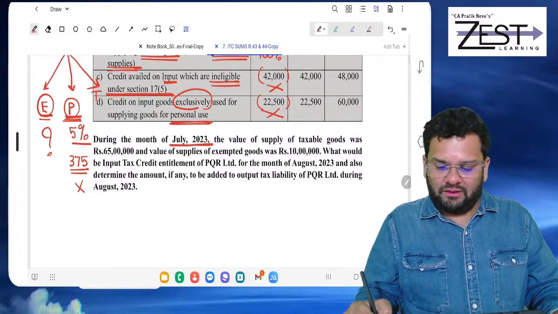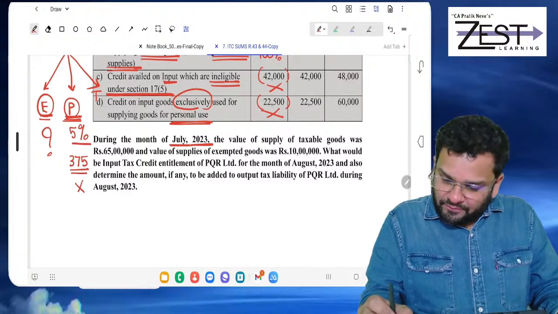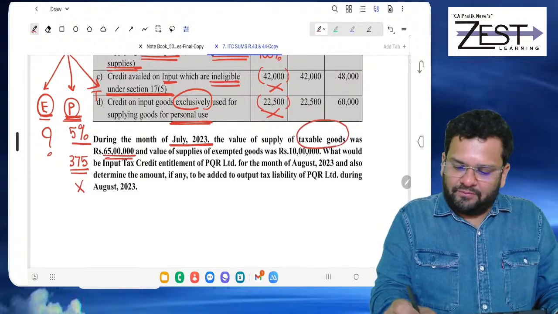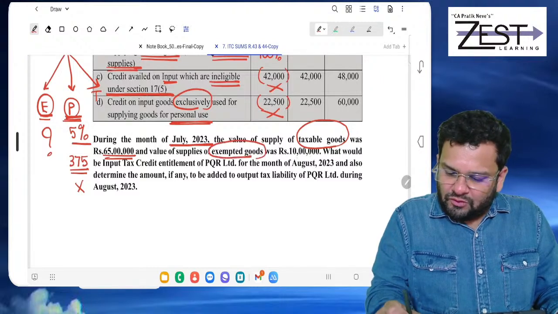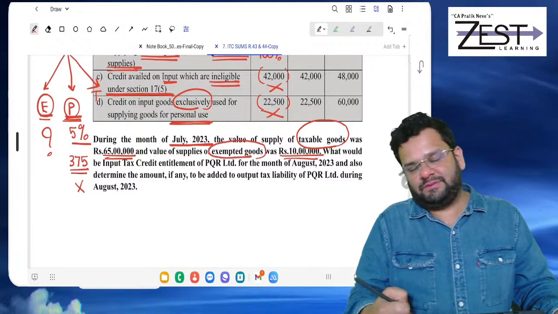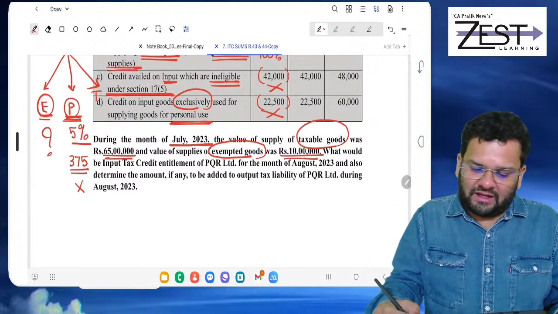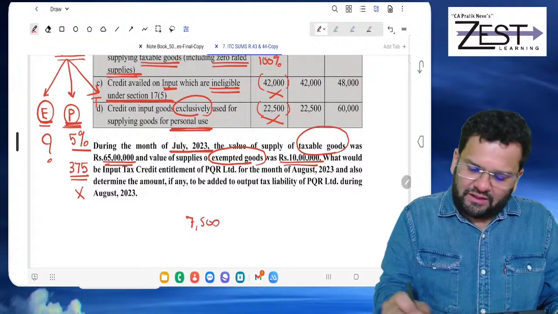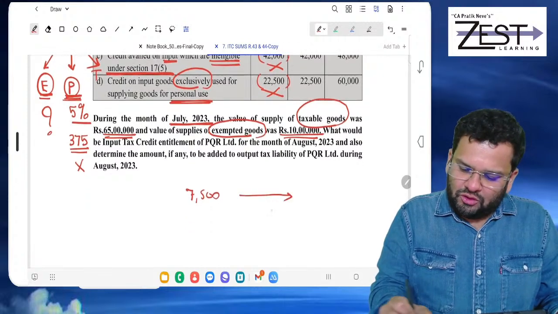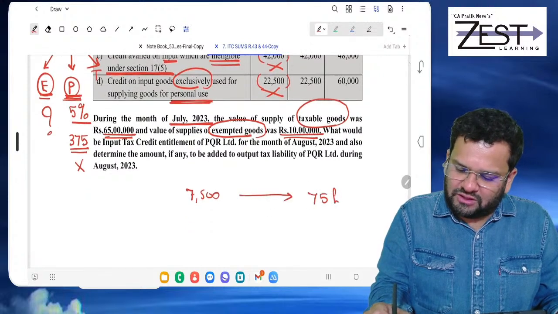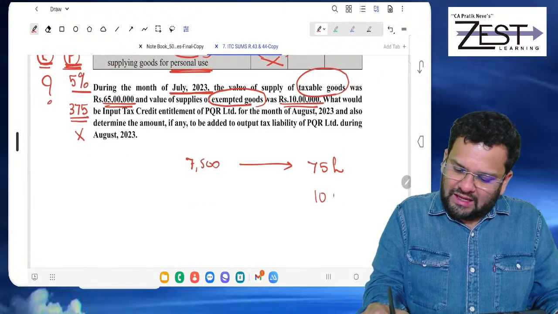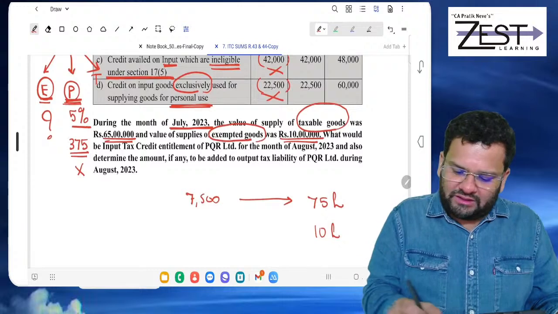And for July, you have the turnover of taxable goods which is 65 lakhs and exempted goods which is 10 lakhs. So if I tell you that 7,500 was used for making total supply of 75 lakhs, so 10 lakh in that was exempted.